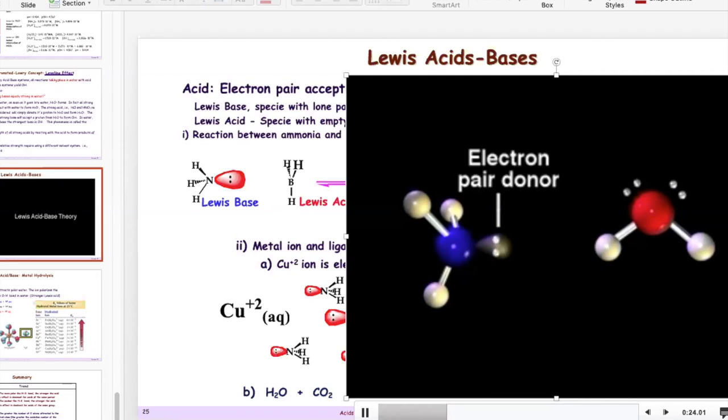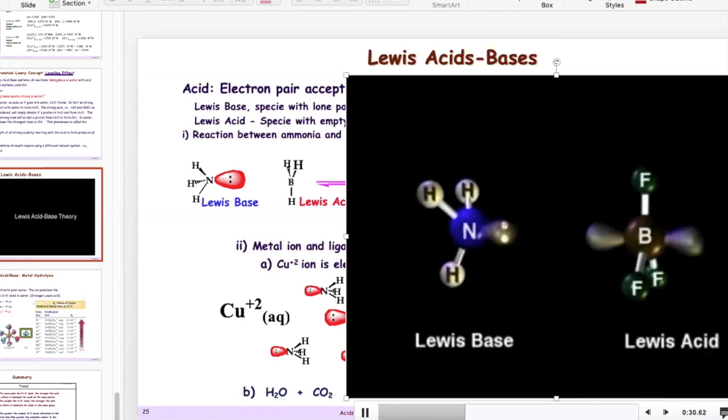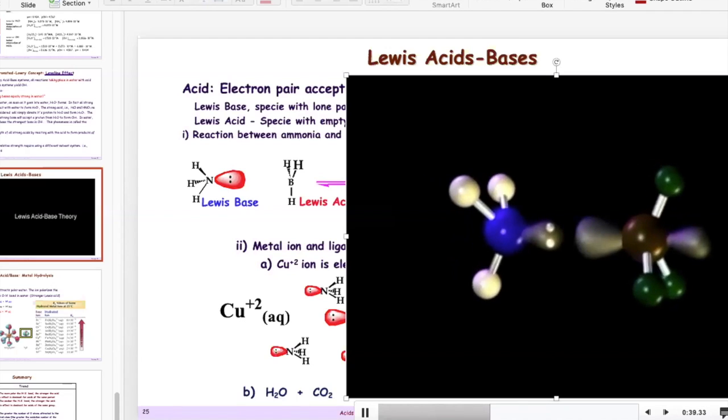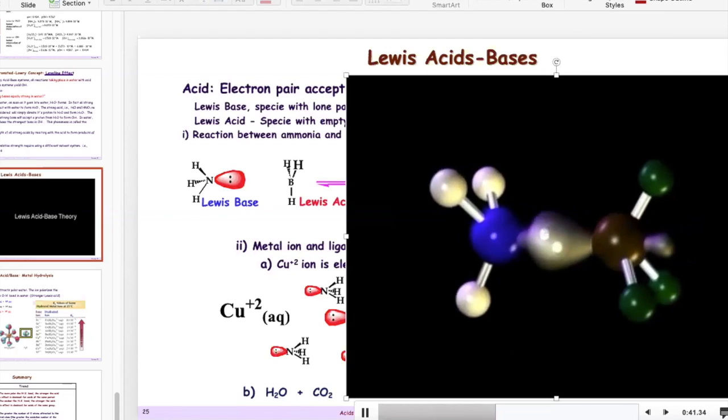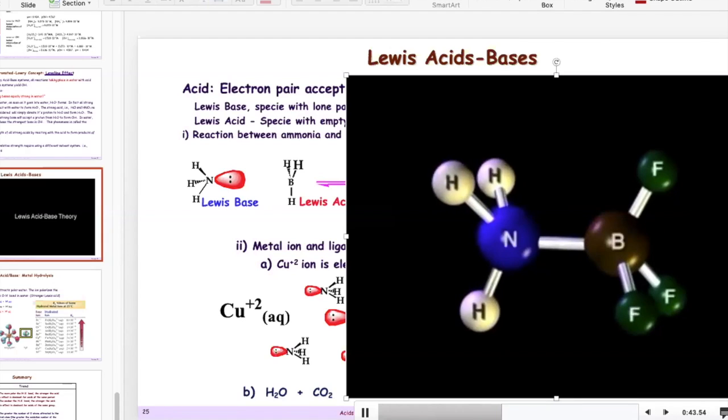The proton is an acid because it acts as an electron pair acceptor. Lewis acid-base theory is more general than Bronsted theory because it applies to systems that do not involve protons. For example, ammonia acts as an electron pair donor toward boron trifluoride, a molecule that has a vacant 2p orbital.